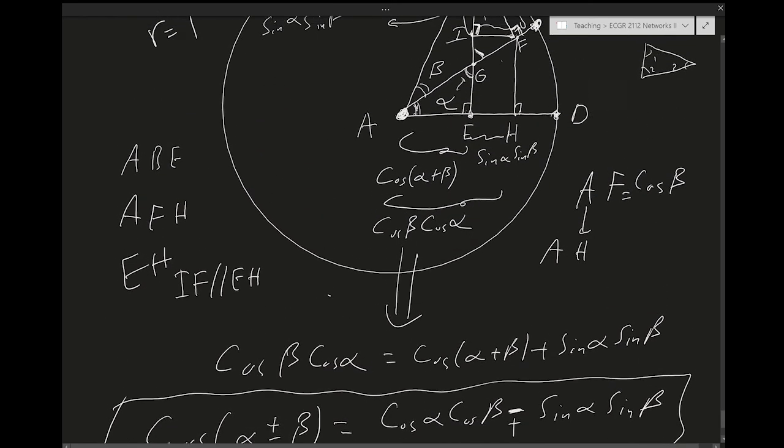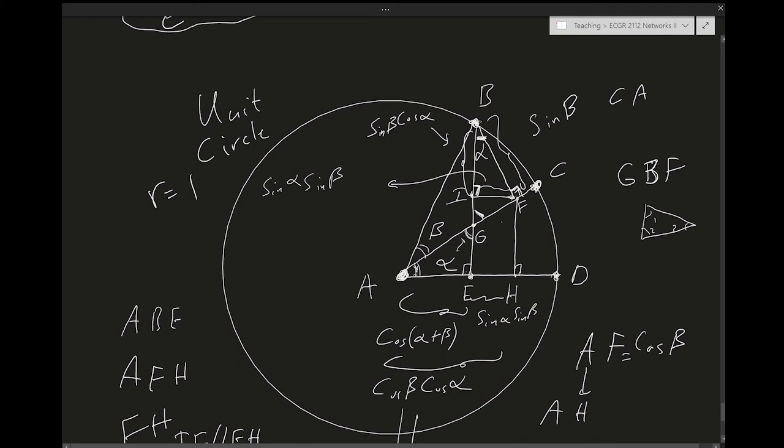How do I prove the sine identity? Well, let me erase this. So I know BI is sine beta cosine alpha. I can also now solve for FH. FH is the same as IE.